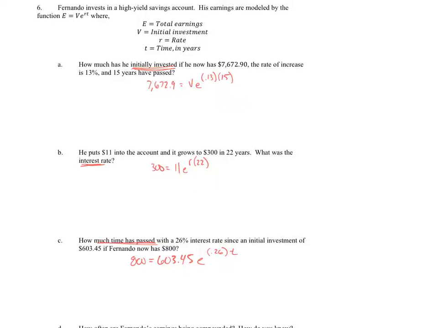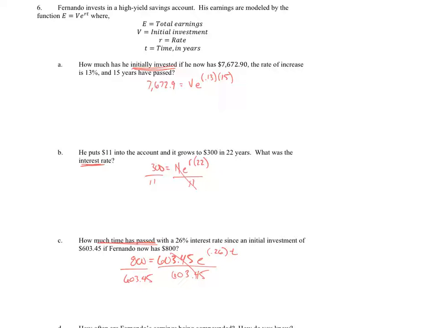The first thing we're going to do in both cases is divide by V, which is our initial investment. So in B, we're going to divide by 11 first on both sides. In C, we're going to divide by $603.45. And the reason we do that is to get rid of that number that's being multiplied by our e to the RT in those 2 problems.